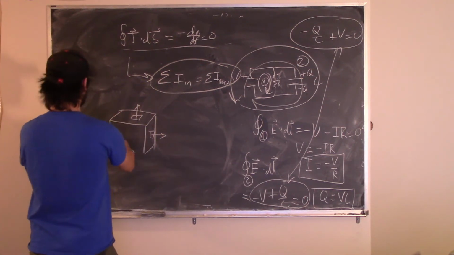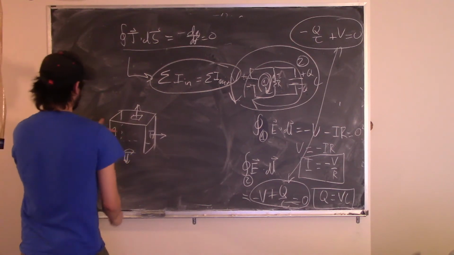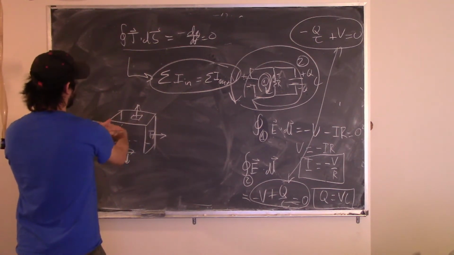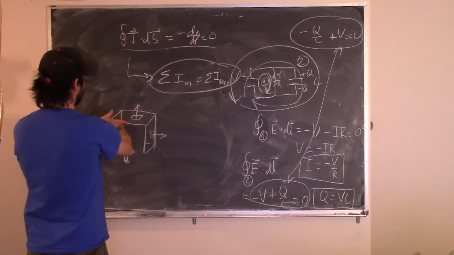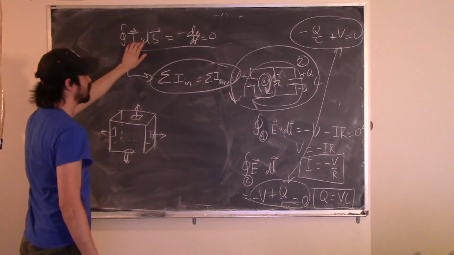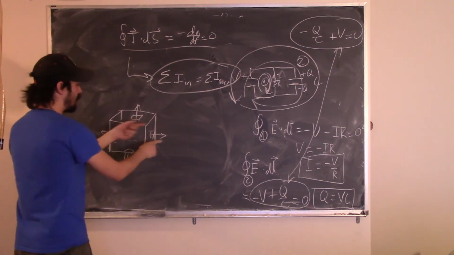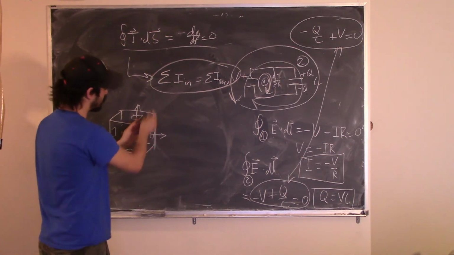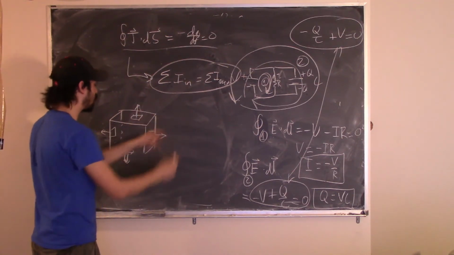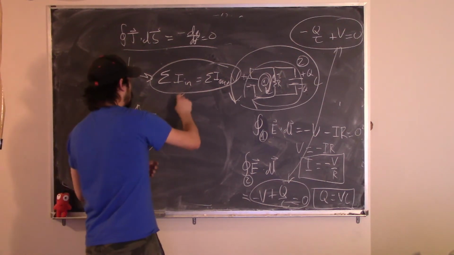So if you're going into the box, let's say like on this face right here, the dot product is going to be negative, because going in is this way, the face of the surface is this way. I get a negative sign. If I'm going out of the box, I'm going to get something positive, because going out of the box is the same direction as what's perpendicular to the face pointing outwards. Ultimately, that's going to reduce to just this equation here.